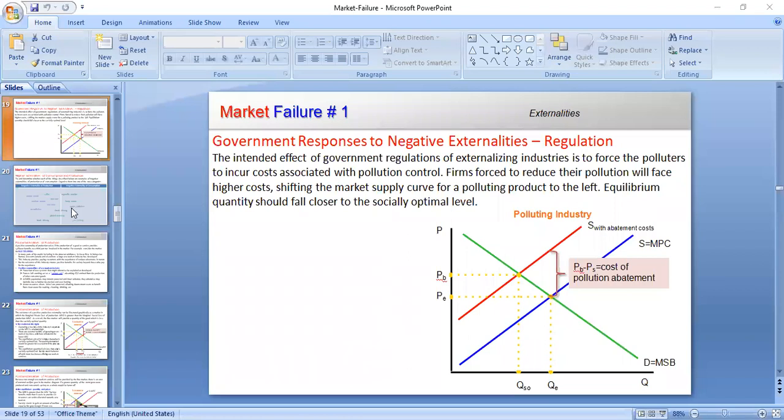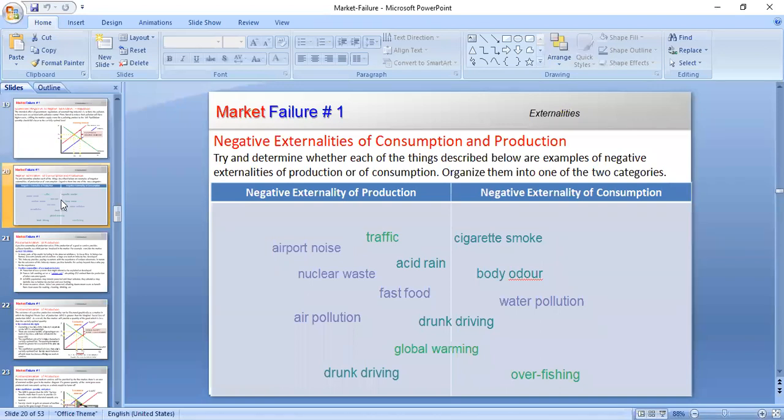All right, let's continue. So we can look at negative externality of production and consumption. For example, here we can look at examples. Drink driving or drunk driving is a negative externality in what?